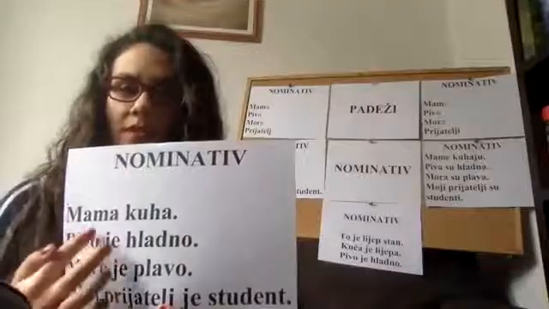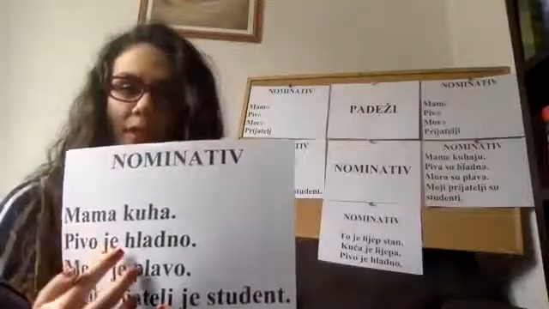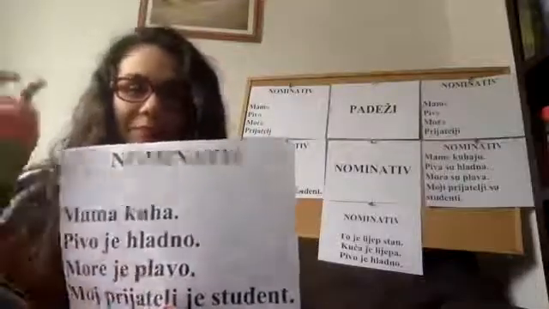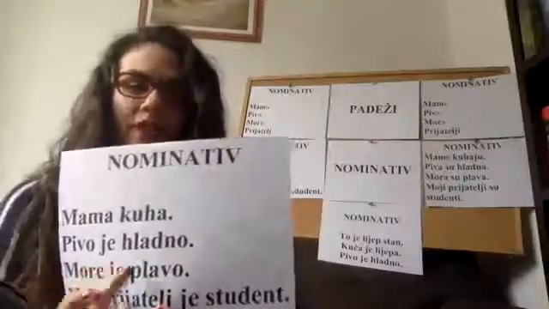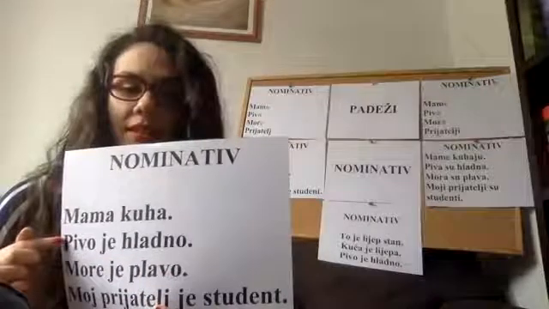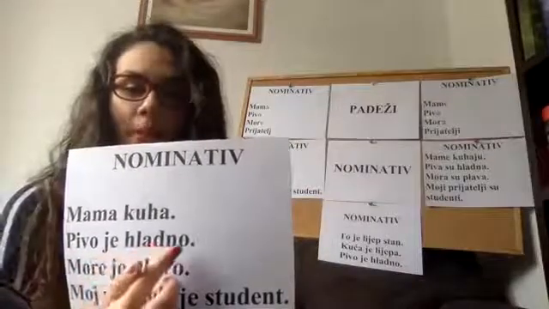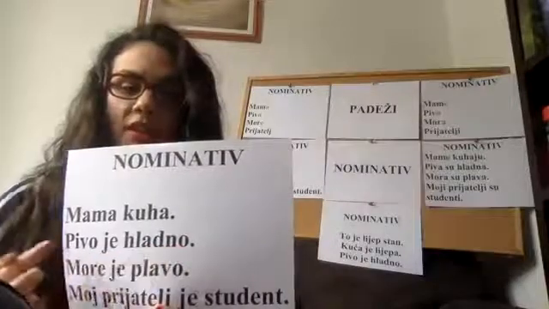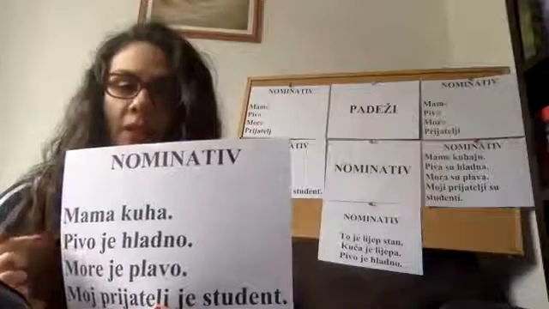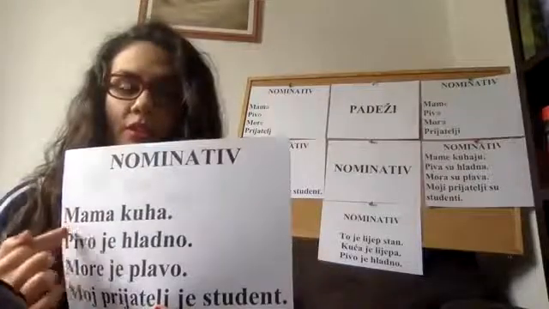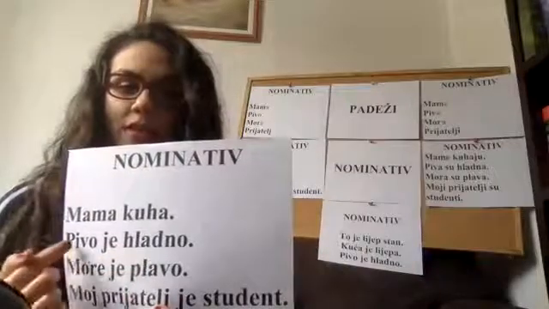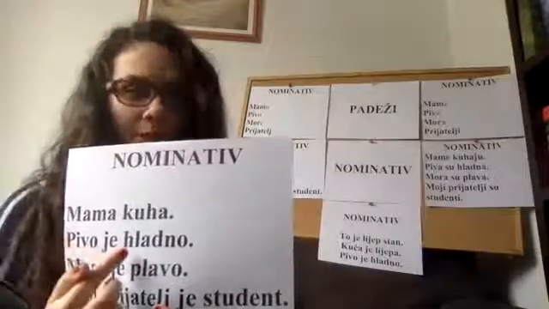Pivo is now also the subject of the sentence because that's the thing that's being cold. Pivo je hladno. And you can also see here that we match the gender in the whole sentence depending on the subject. So if the subject is neutral, everything that describes this subject is neutral as well.